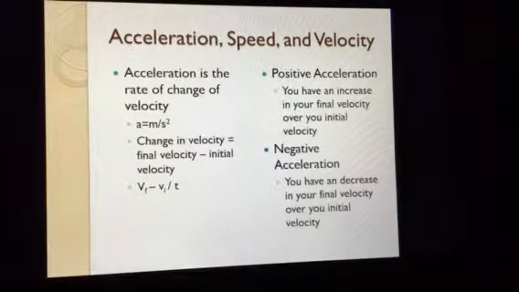Here's a little hint. If I'm giving you something in miles per hour and then I said it took 6 seconds to get there, the seconds must be converted into your hours. Because if you're going miles per hour, you can't just divide it by seconds. You actually have to convert that. Remember, you have 3,600 seconds in 1 hour.